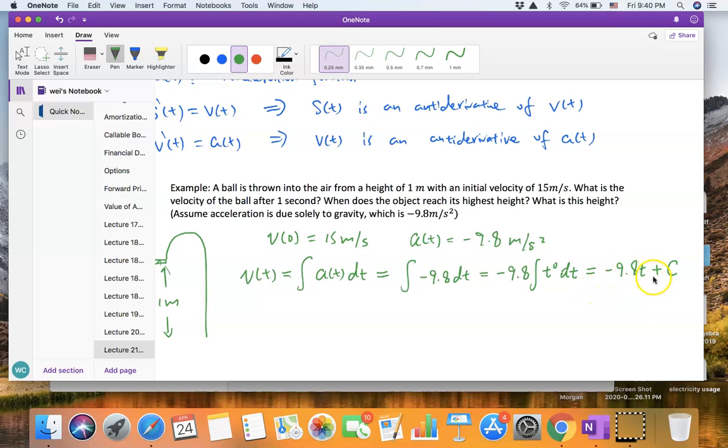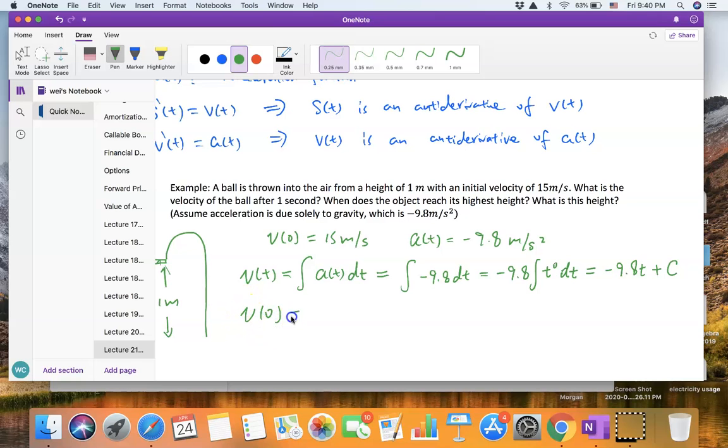Okay, now then, in order to determine what this function is, we need to determine what is this constant. Since we are given the initial velocity, the initial velocity is the velocity when t equals 0, when the time is 0.